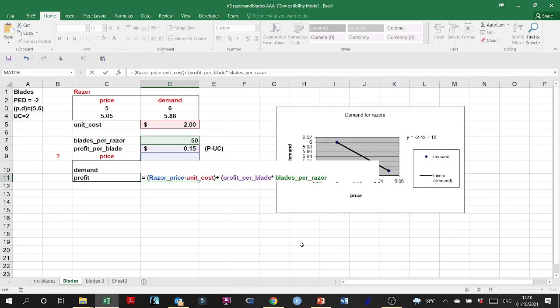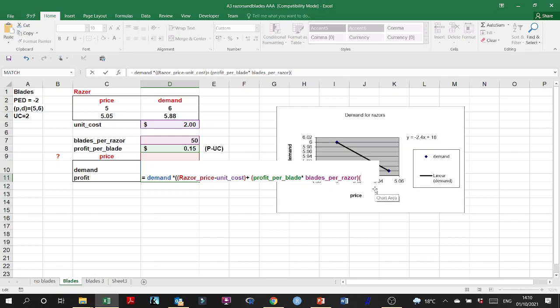It's not necessary, this is just synthetic. And then I'm going to put the demand here, and multiply it with all these together.